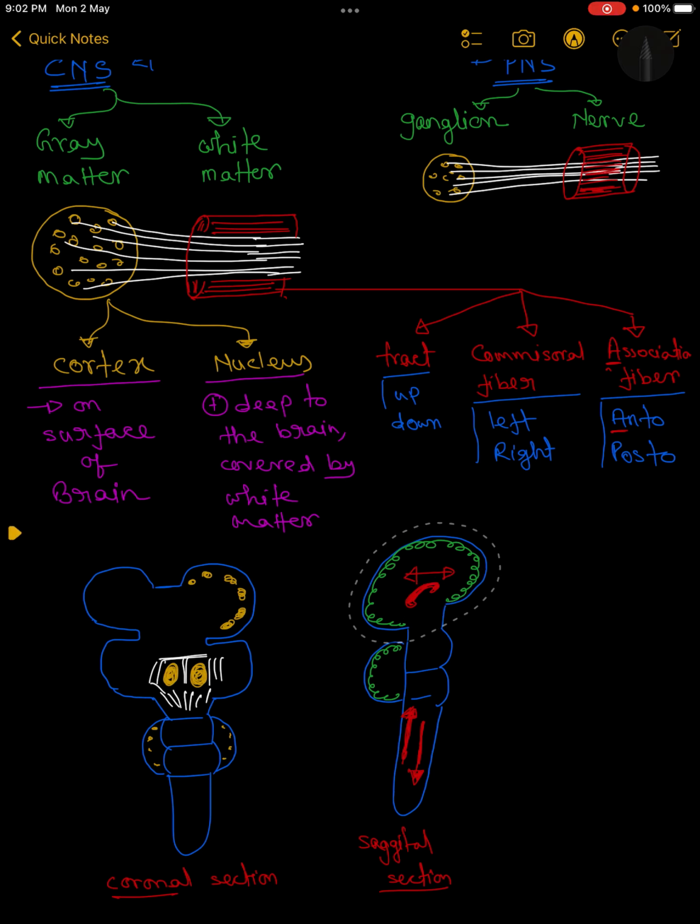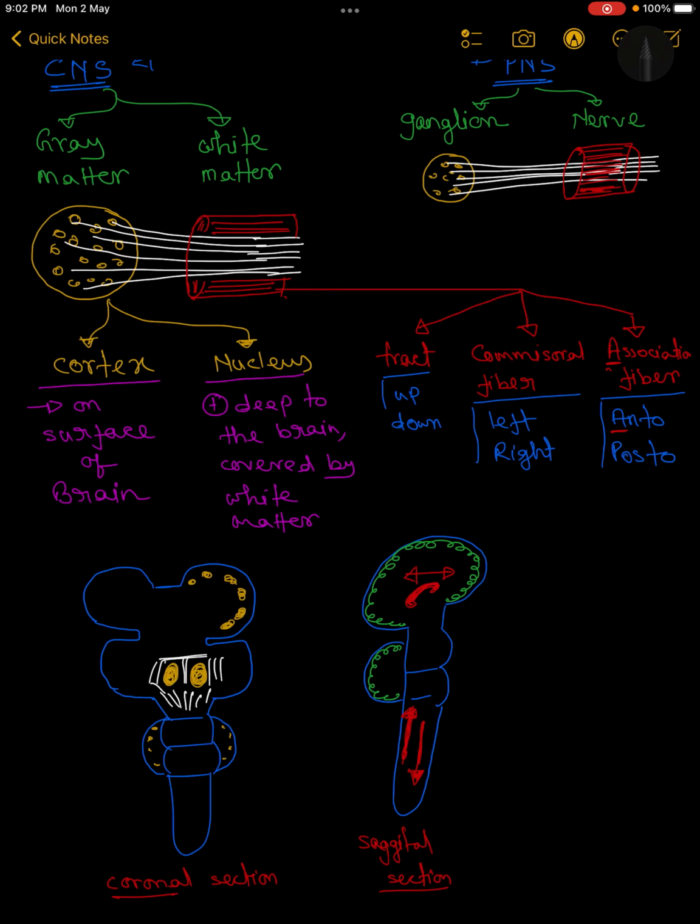When fibers connect left and right, they are known as commissural fibers. The last one is association fiber. Association fibers are when the white matter connects the brain anteroposteriorly, from anterior to posterior.